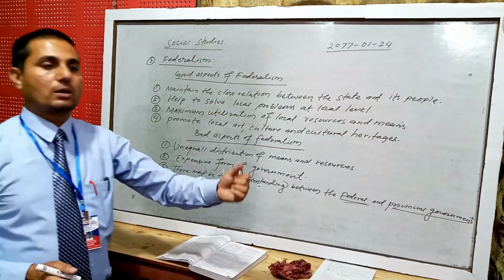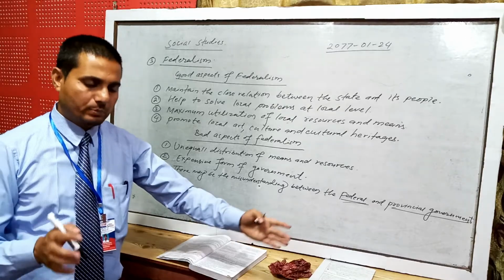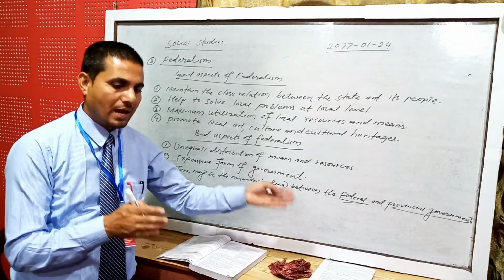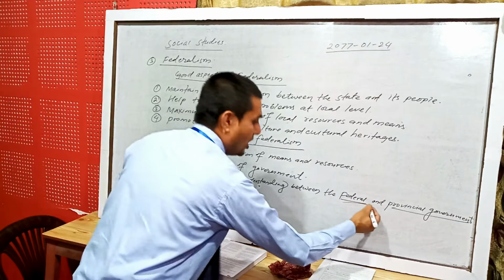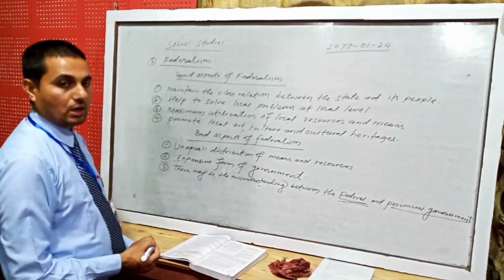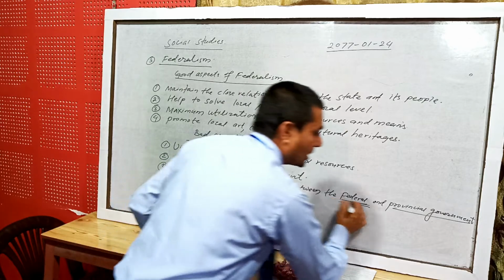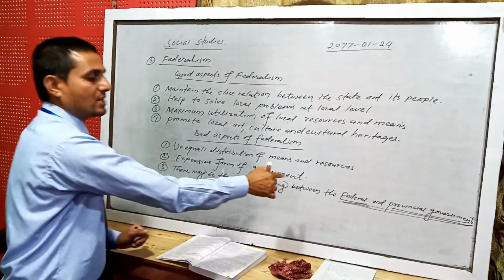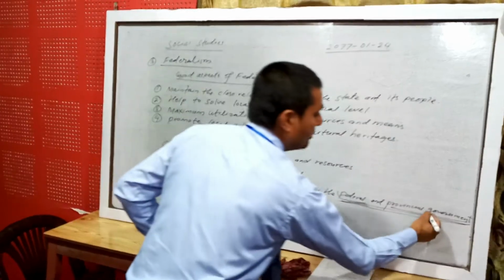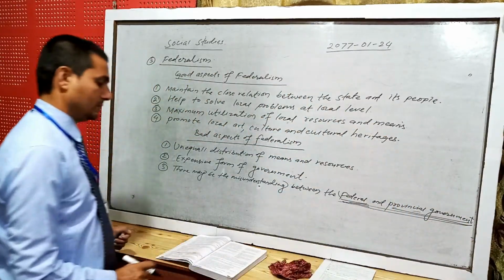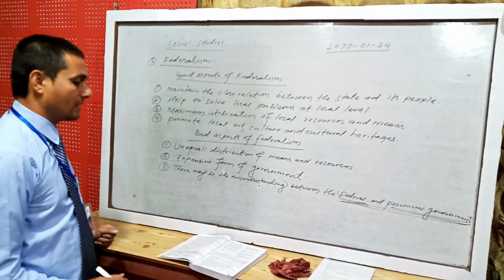Once the provincial government may make up one plan and policies, plan and programs, and implement them in this way, but it may not be accepted by the federal government. So it may bring conflict or misunderstanding between the federal government, means central government, and the provincial government, state government.